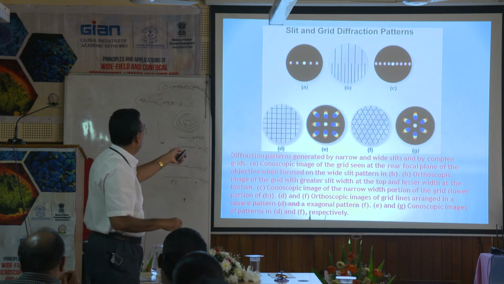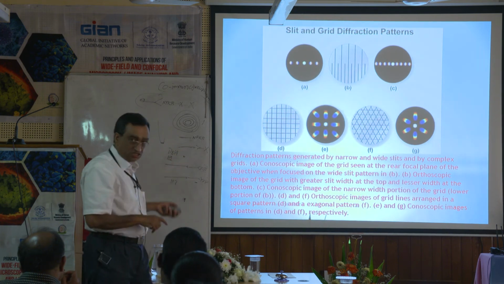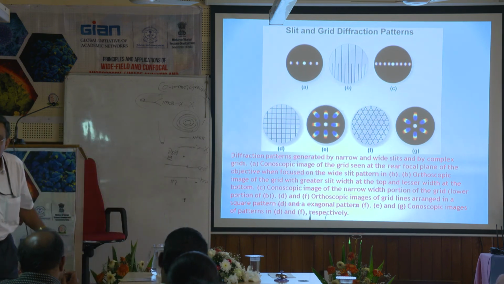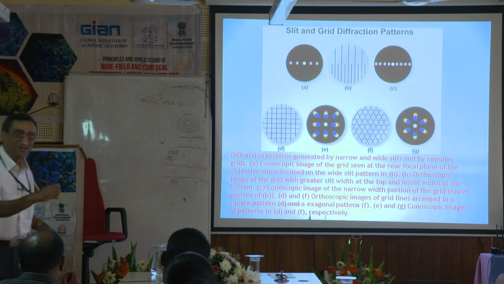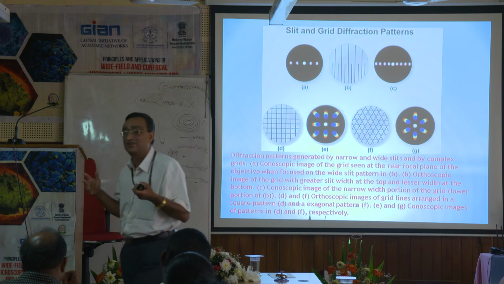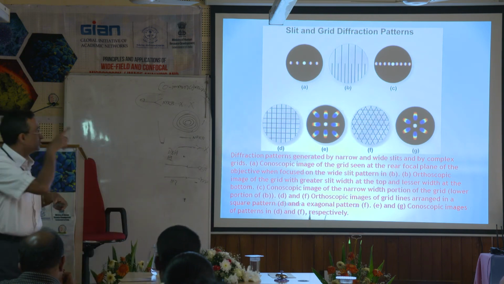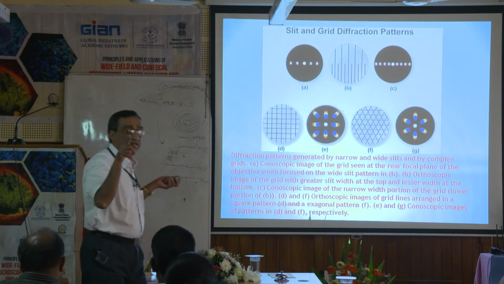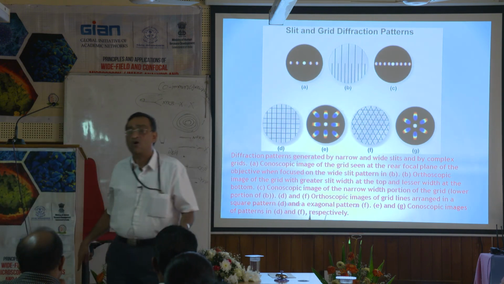Whereas to see the conoscopic image, you have to remove the eyepiece and put in a telescope. A telescope will also be available with your Leica or any other microscope. Then this telescope will focus on the principal focal plane of your objective.